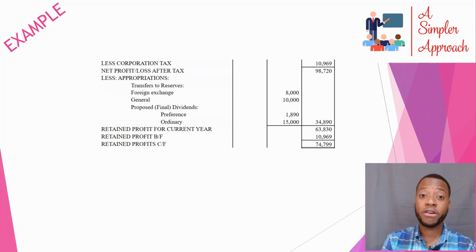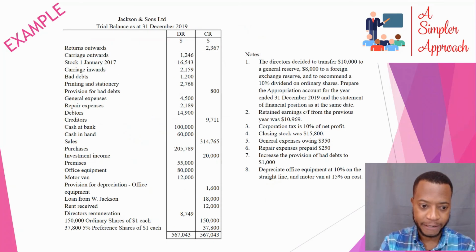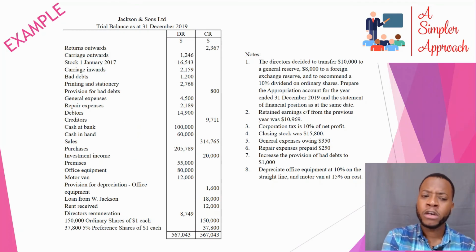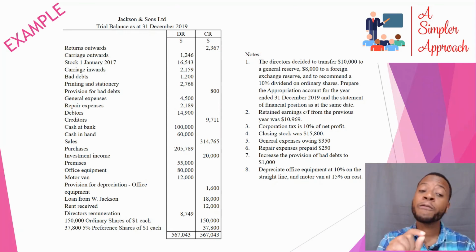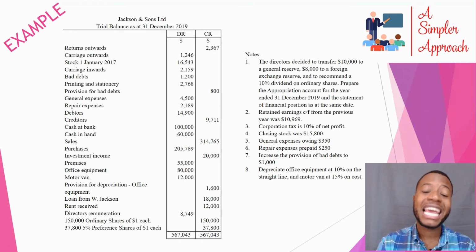There it is right there. Backtrack again. Last entry in the trial balance: 37,800, 5% preference shares of $1 each. It means therefore that preference shareholders receive dividends of 5% of 37,800.